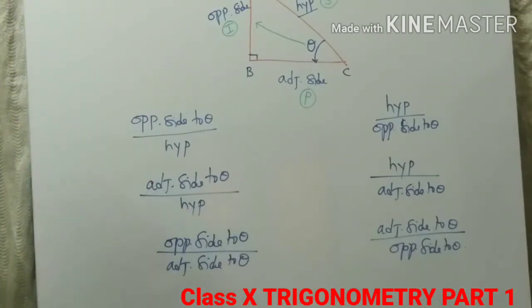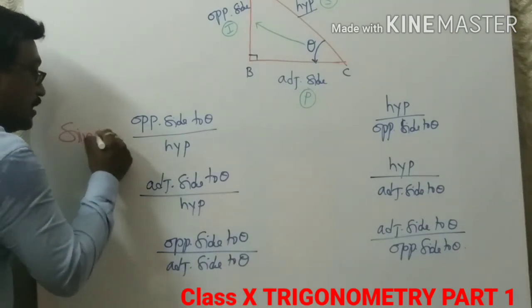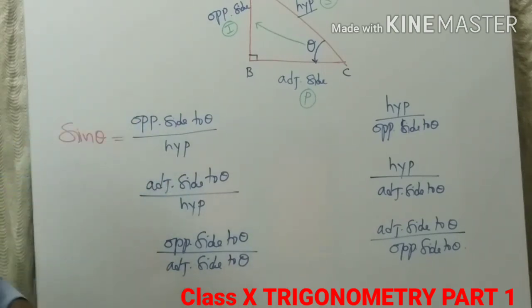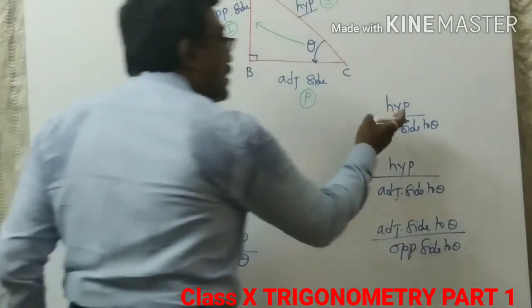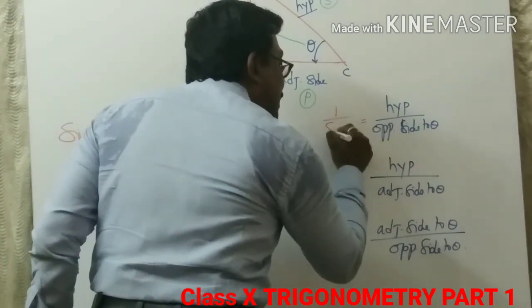Now, names are given for these ratios. First one is sine theta, meaning opposite side by hypotenuse. Then this is what? That is 1 by sine theta.